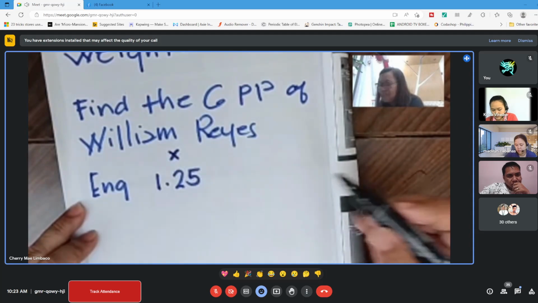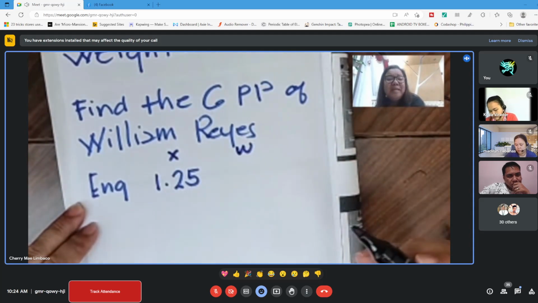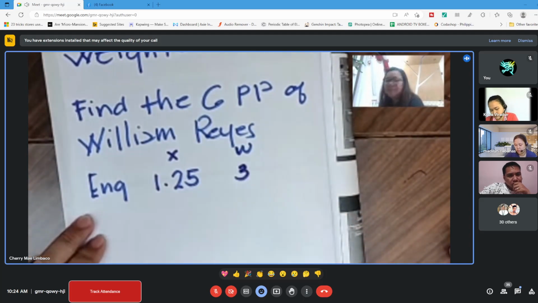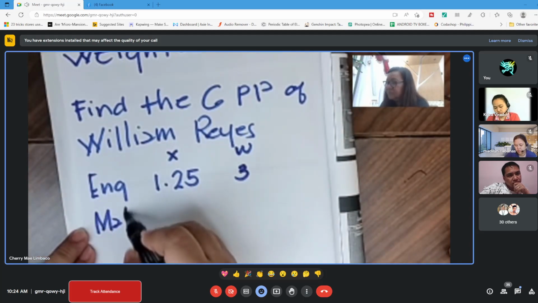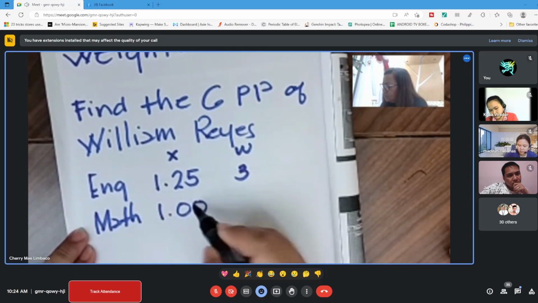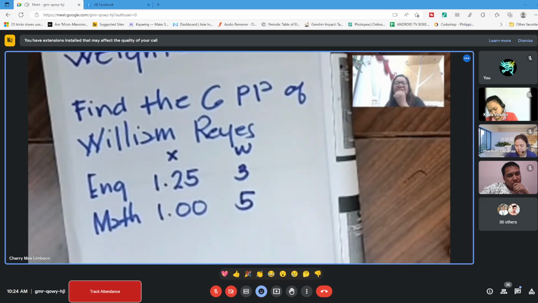How many units is English? W is the weight, which is the number of units. English is three units. Next is William's math. The grade in math is 1.0 and mathematics is 5 units.